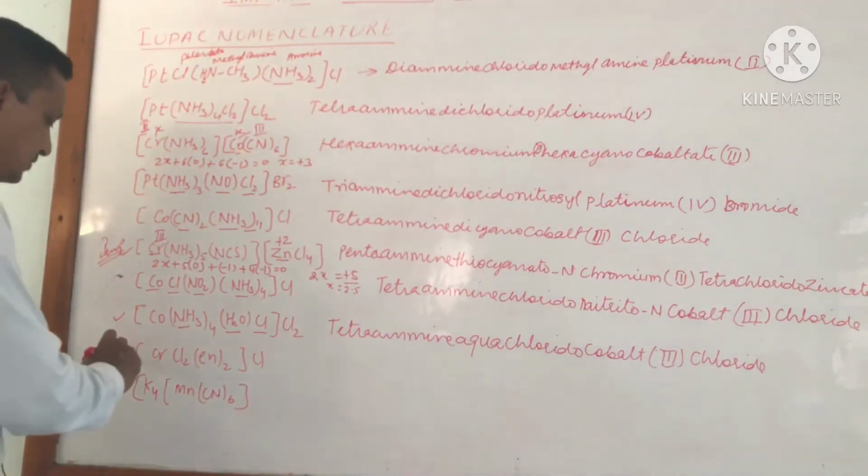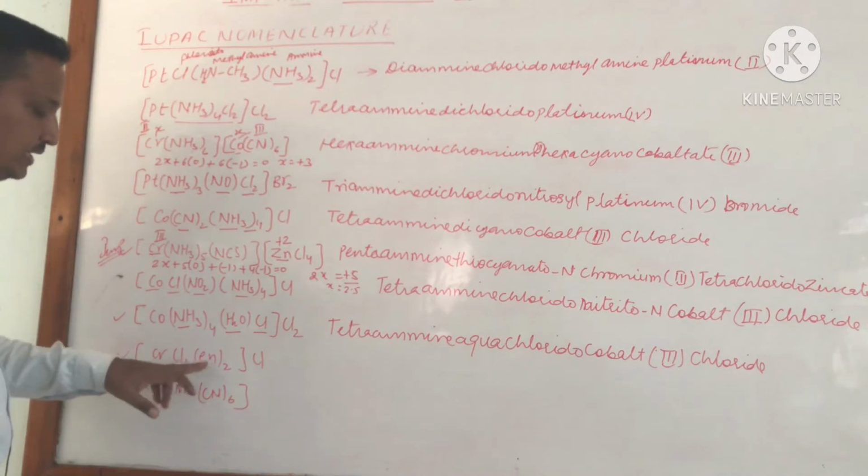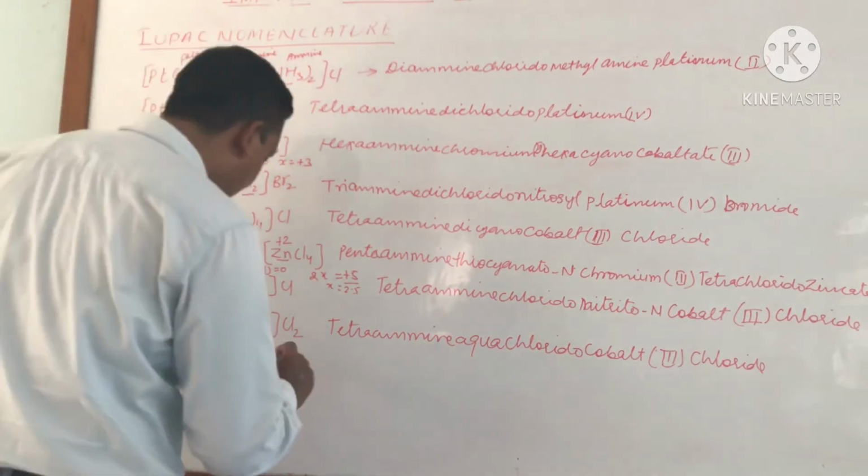Okay, the next complex we are taking is [CrCl2(en)2]Cl. So how can we write the name?